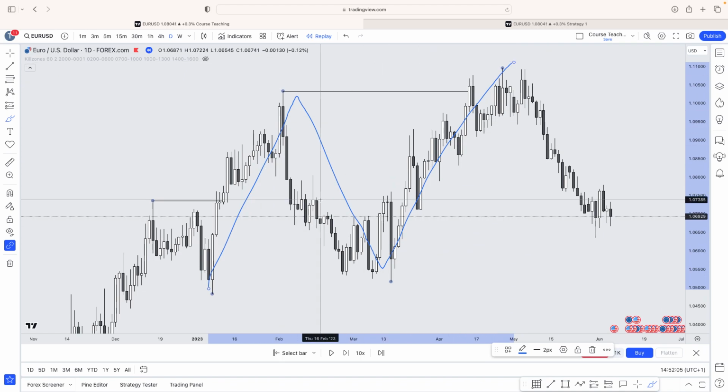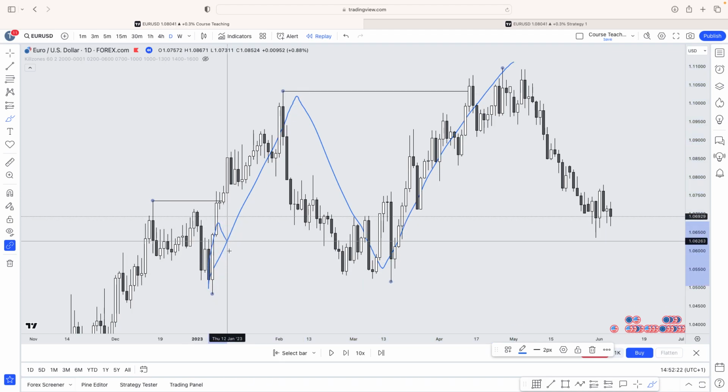If we are to use that framework from the last video, then we expect each one of these legs on the daily time frame to be made up of a 4-hour trend. So we expect that this impulse leg to the upside here is made up of a 4-hour trend to the upside.